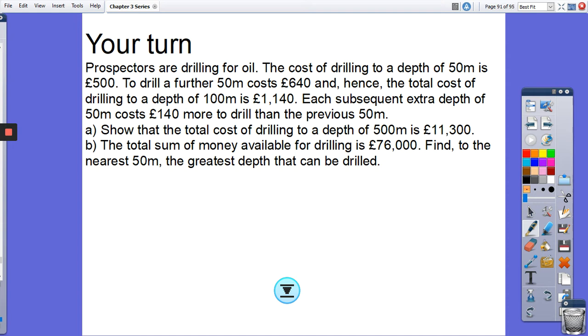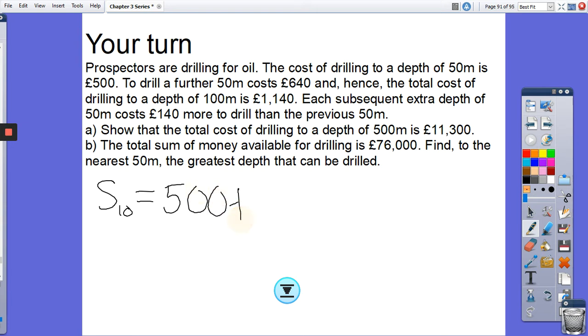So if you're going down 500 meters in lots of 50, then we're looking at 10 goes down. So we're looking at the sum of the first 10 terms. And we're looking at 500 because that was the first one.